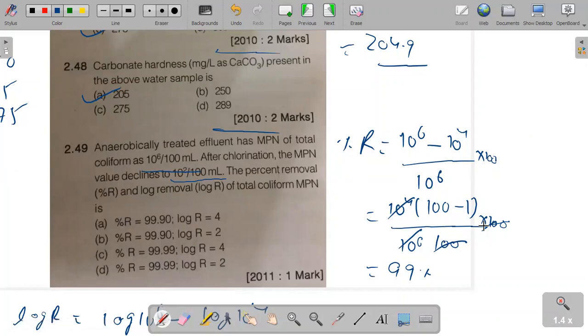So everything is okay here, but if we go further by dividing this, it's about 99.99% as we go further. So let's choose this option. D is the correct answer.